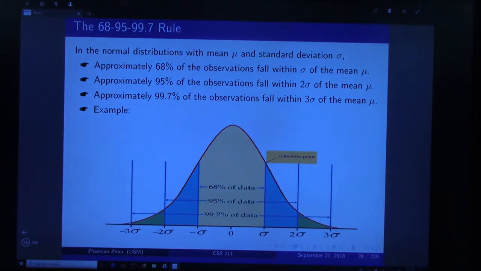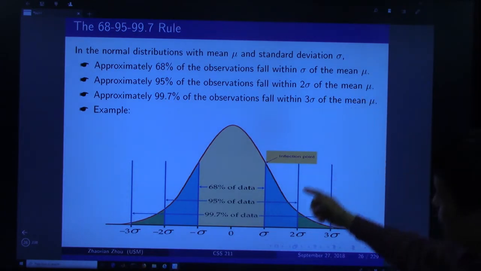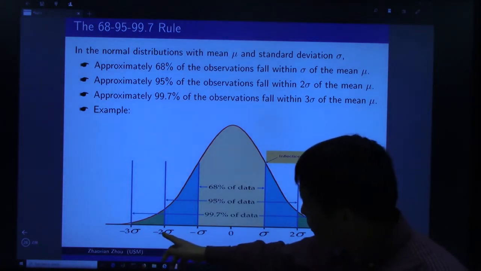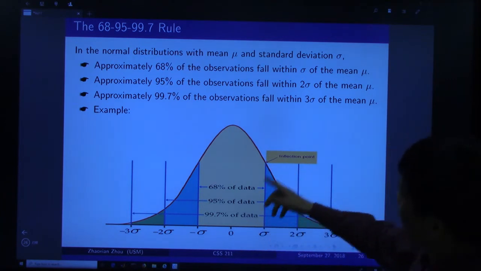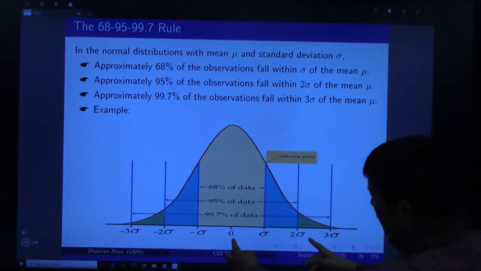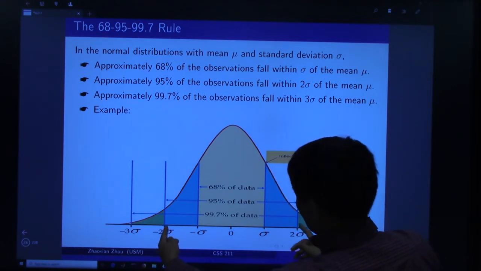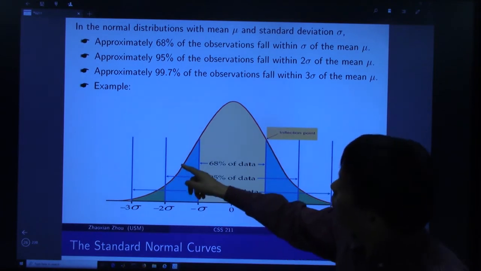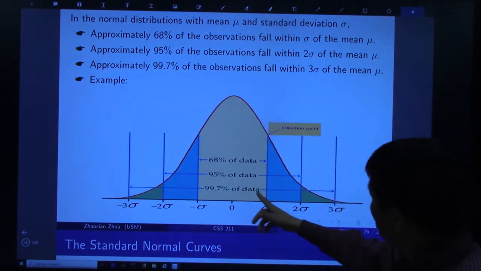The second one is with respect to the mean: 2 standard deviations and negative 2 standard deviations around the mean. So from the mean plus 2 sigma to the mean minus 2 sigma, this area, starting from here and going all the way up to here, including this part.